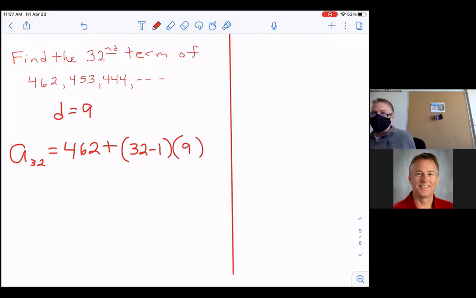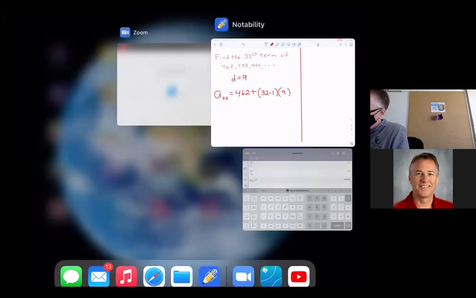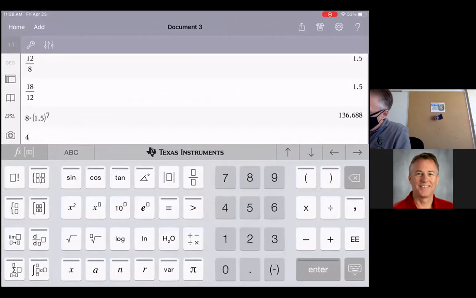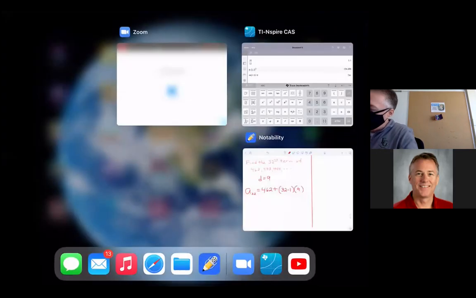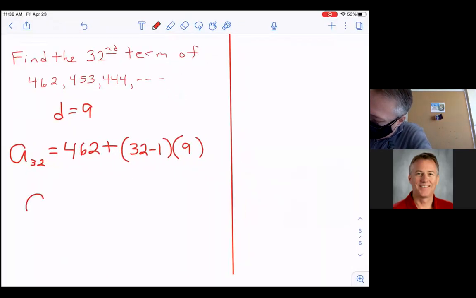And then times our d value. And d is 9. So now we just plug that into our calculator. So 462 plus 31 times 9. Okay, just plugging that in, and we get 741, and that is our answer.